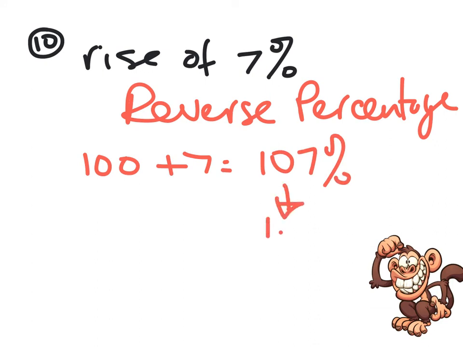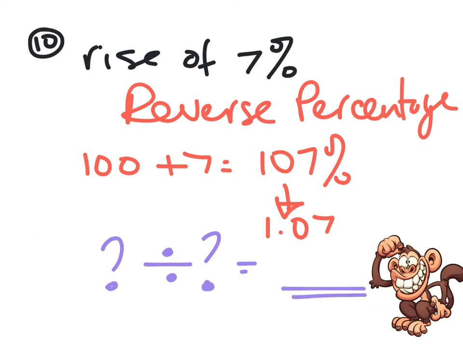Turn that into a decimal, 1.07. And remember, because it's a reverse percentage, we're going to do a divide sum. I'm going to let you work out what number goes here and what number goes here to give me our final wage. That's it.